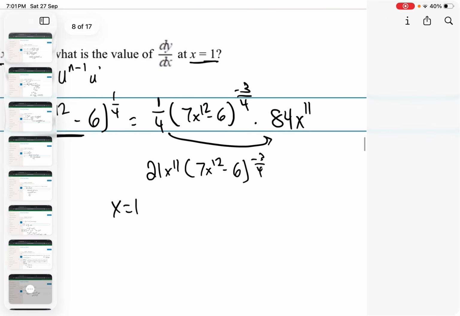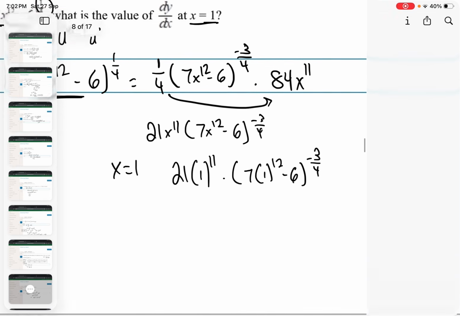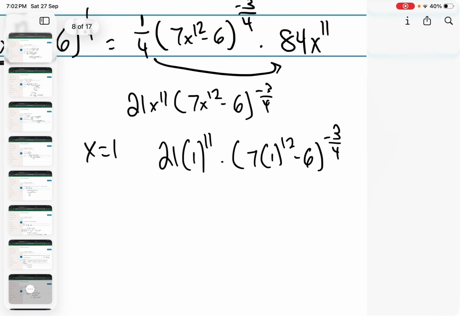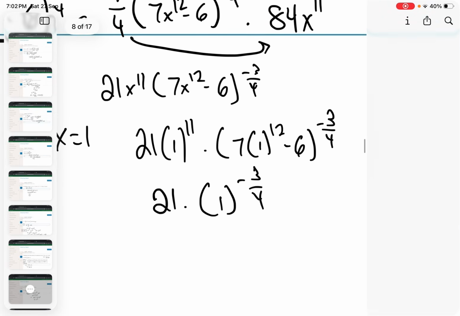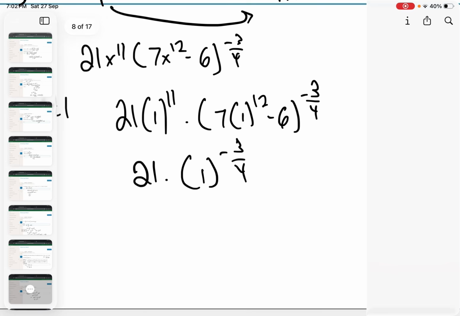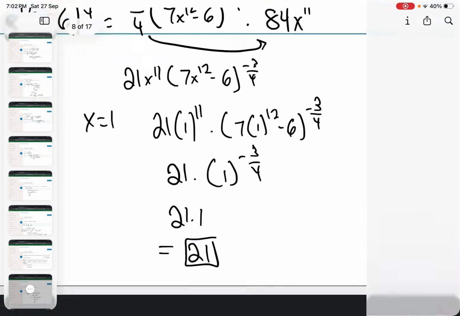So it will be 21 times 1 to the power of 11 times 7 times 1 to the power of 12 minus 6, to the power of negative 3 over 4. 7 times 1 to the power of 12 is 7, minus 6 is 1, and 1 to the power of negative 3 over 4 is 1, so 21 times 1 is equal to 21. That's your final answer.